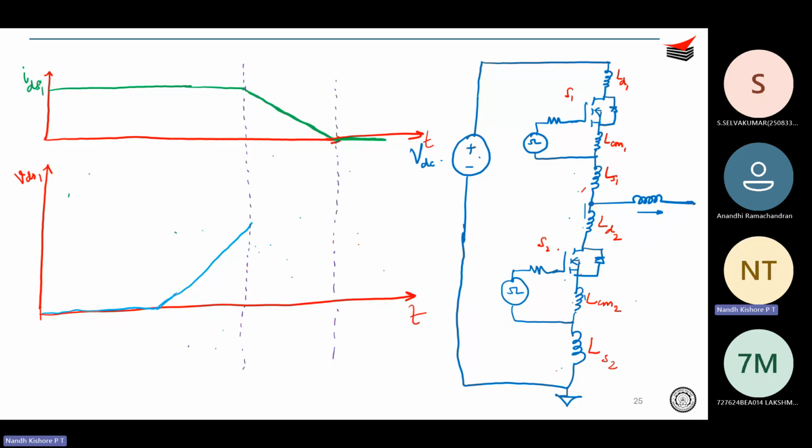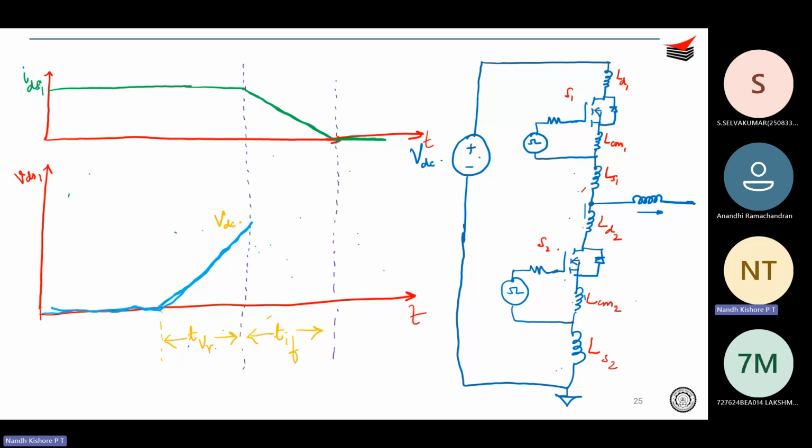Okay, so your VDS increases first, and it reaches your VDC, right? It reaches VDC at this point. Okay, and we are calling this your voltage rise time, TVR, and this is your current fall time.